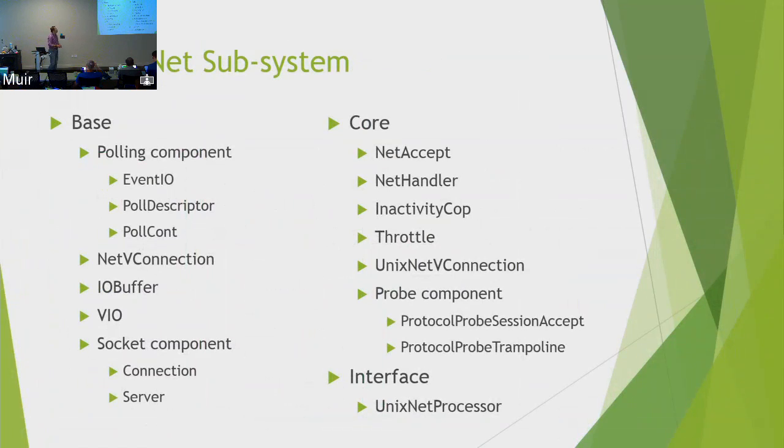The core components include the net accept, the SSL net accept, the net handler, the inactive cop for the inactive timeout, the throttle, and the UnixNetVConnection. The UnixNetVConnection is a net connection implemented in the Unix environment. I guess there will be an NT connection for the Windows environment. There used to be all sorts of Windows limitations as well, but we ripped all of that out.